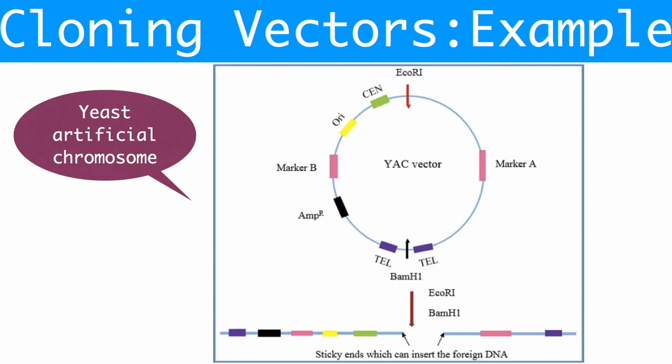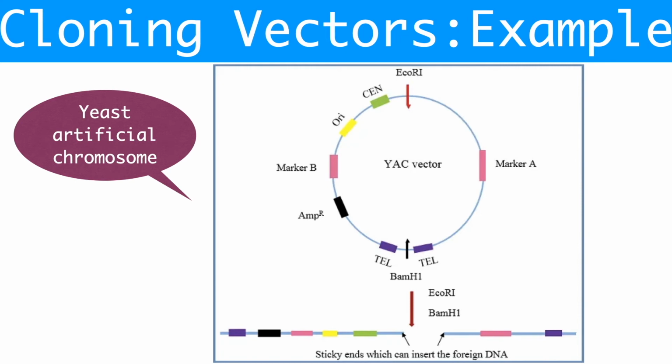I am presenting here an example of a yeast artificial chromosome, which has multiple sites and two different markers and two restriction recognition sites for EcoRI and BamHI as well. So in this YAC vector, once we open up the vector using the EcoRI restriction enzyme, it will develop an open section having sticky ends before marker A and the CEN.